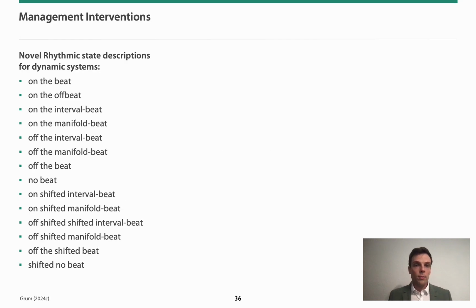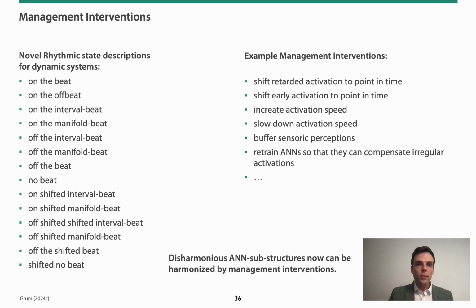Just for an impression, on the left you can see the naming of the 14 novel kinds of state descriptions. The detailed characterization you will find in the corresponding paper. From these, concrete management interventions have been derived. You can see some examples on the right.